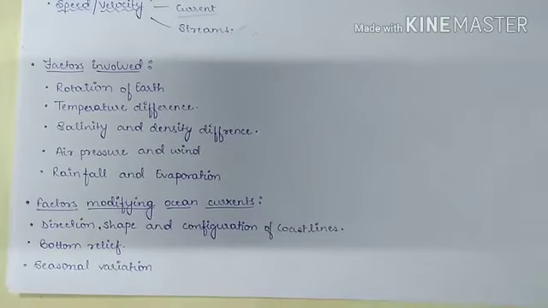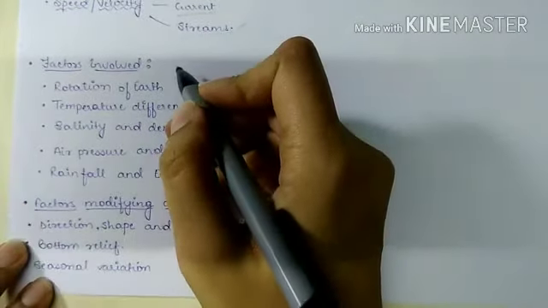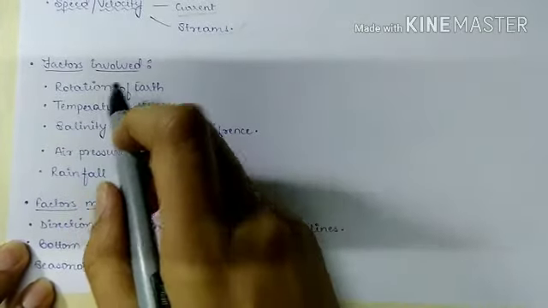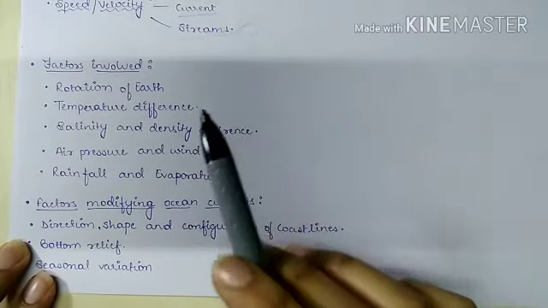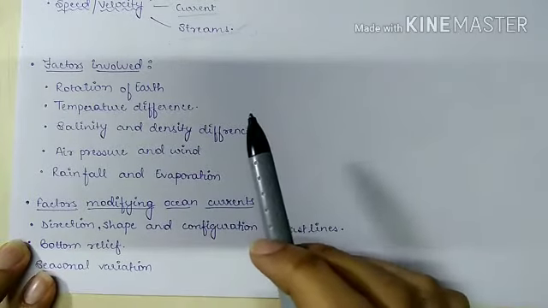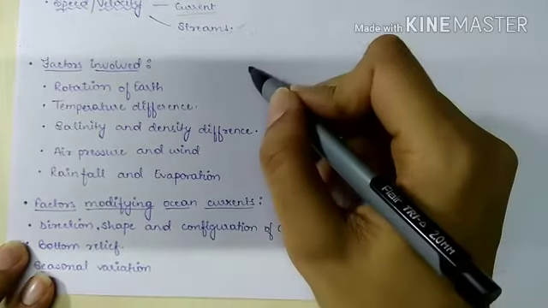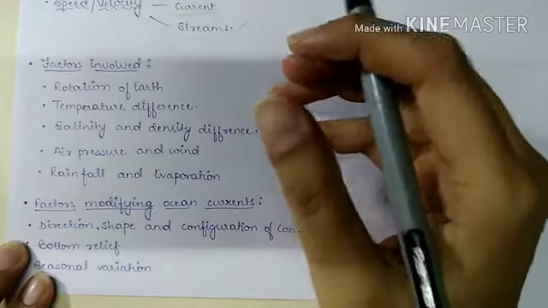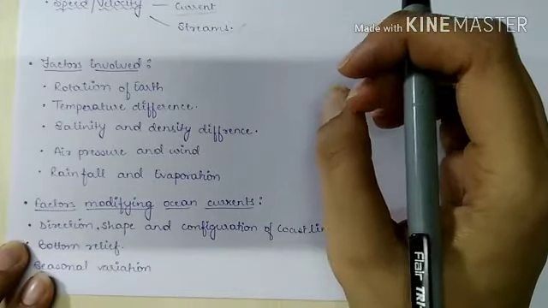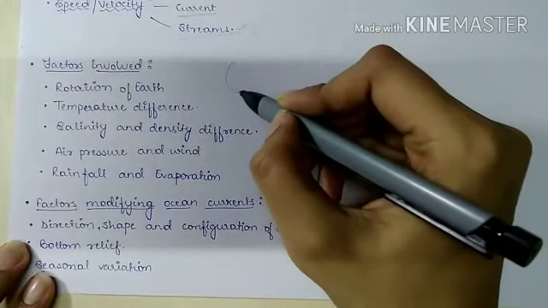Now we will look into various factors that are involved in the formation of ocean current. The first factor is related to the rotation of Earth. The rotation of Earth on its axis from west to east results in the genesis of deflection of forces, and this is known as Coriolis force, and it deflects the general direction of oceanic current.